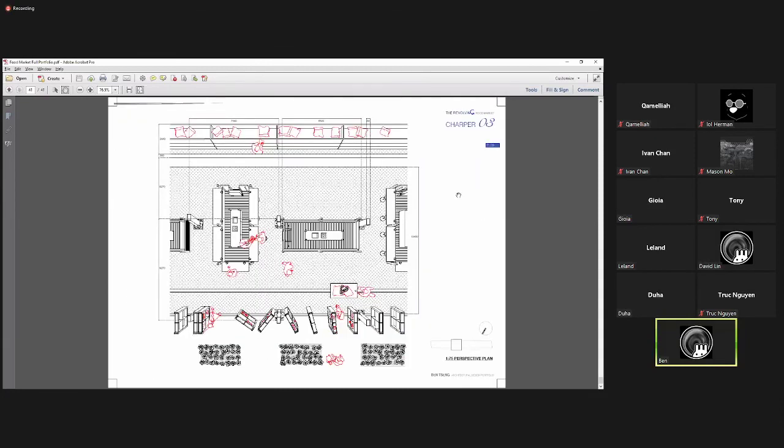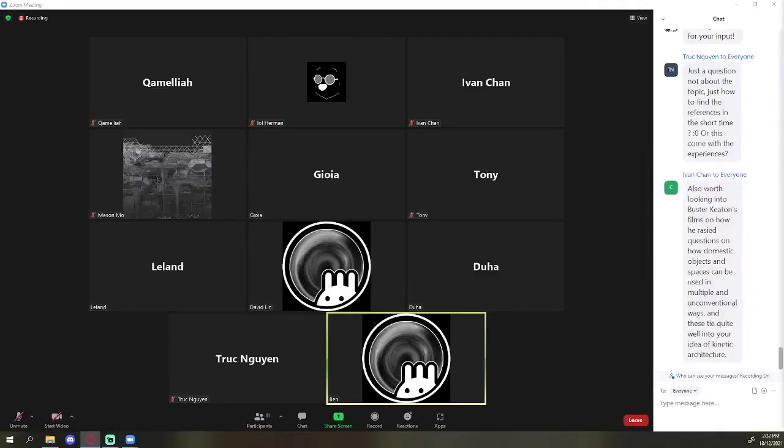So I think it's relevant to the project because it looks at different scales. You look at the cladding, you look at the smaller components like the furniture you showed us in the presentation. But by looking at these movements at a bigger scale, they could become a kinetic architecture.